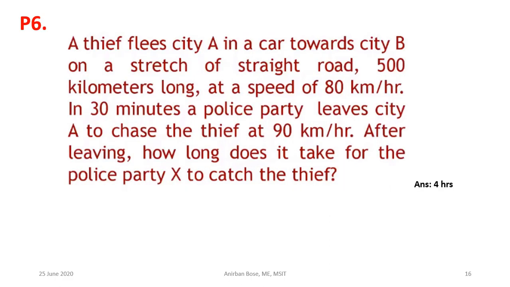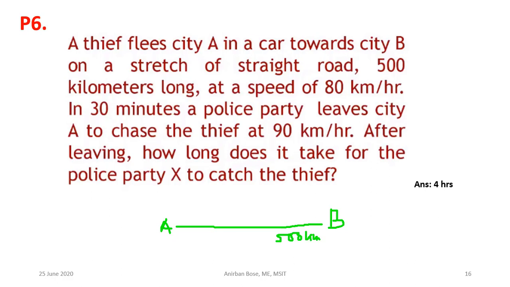So let us start solving problems. Here the problem is, a thief flees city A in a car towards city B on a stretch of a straight road of 500 km. So let us consider this is city A and this is city B, and this is the 500 km total distance.